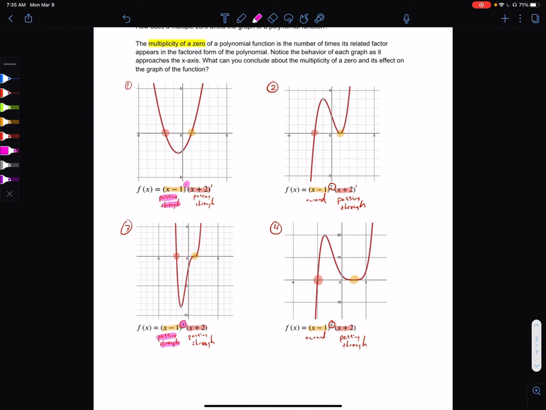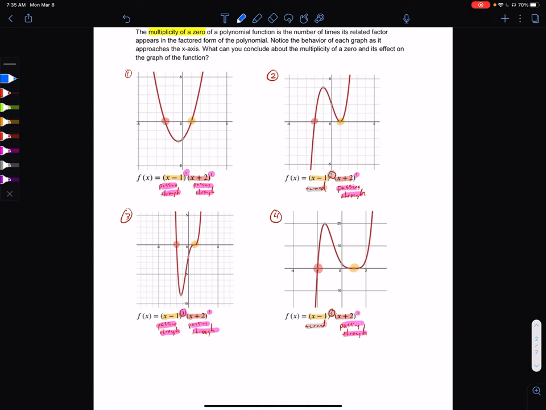And if I look at the x plus 2 multiplicities, all of those were 1s. And again, all of the x plus 2 zeros pass through. Now graph 2, where I had a multiplicity of 2 for the x minus 1, and graph 4, where I had a multiplicity of 4 for the x minus 1, those graphs turned.